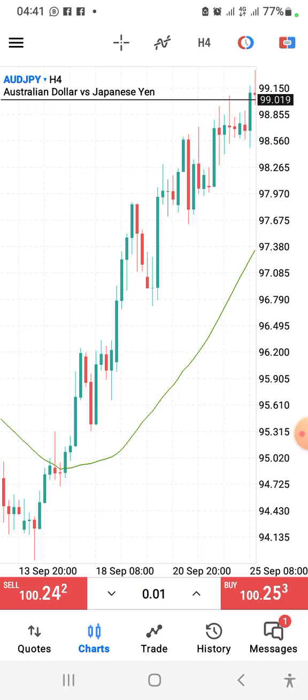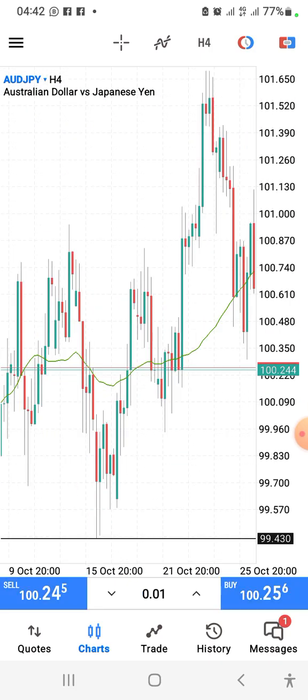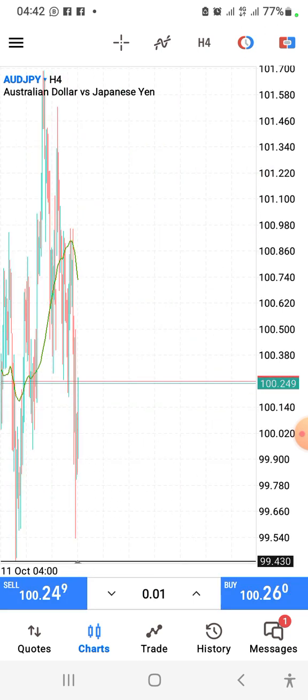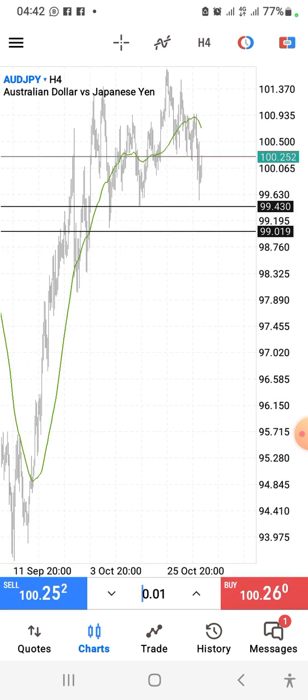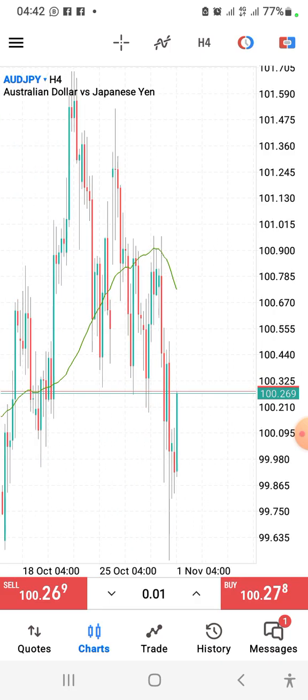Where I explained, you can see the different touches of the market. So that level is still intact. So now wait at the market there. The moving average is within the candlestick, which is like trying to confuse a lot of traders. But for you, that level that I've drawn is a good watch.